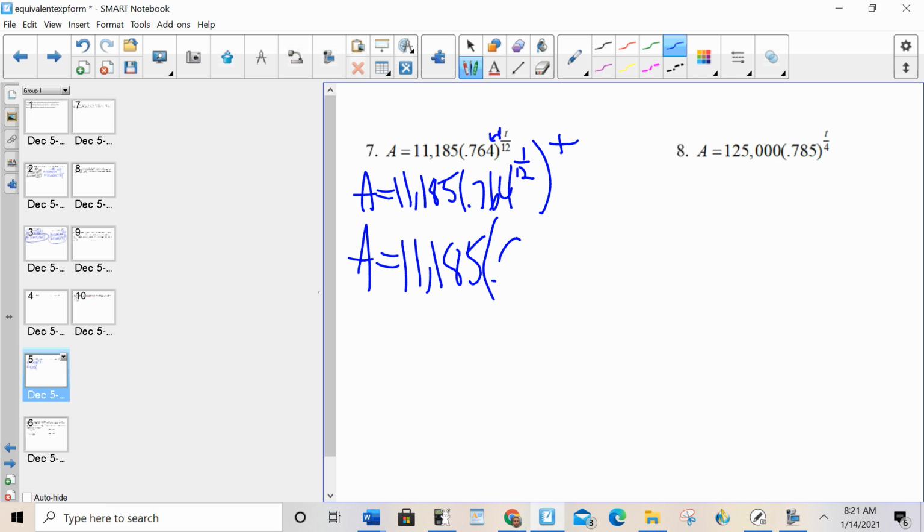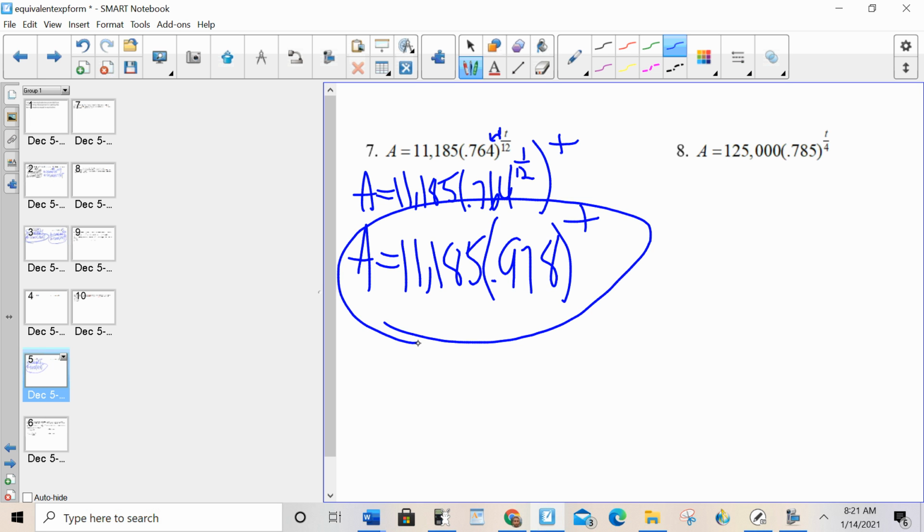So again, this is just an equivalent exponential expression to the original, but this one's valuable because now looking at this, I know that the decay rate is about 2.2% because 1 minus 0.022 would be 0.978. Why don't you try number 8 on your own right now? So please pause, try number 8 on your own, and then unpause.